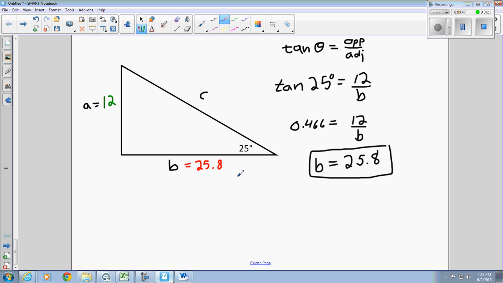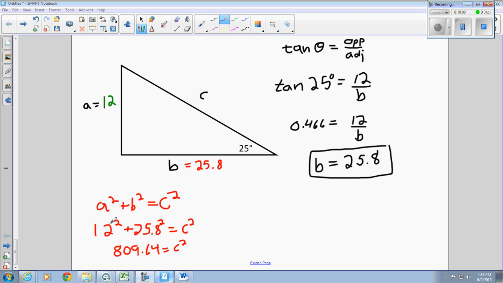Now we can solve for the hypotenuse by using the Pythagorean theorem. A squared plus B squared equals C squared. Plug in your numbers and solve for C. 809.64 equals C squared. Taking the square root of both sides tells us that C is equal to 28.5, rounded.